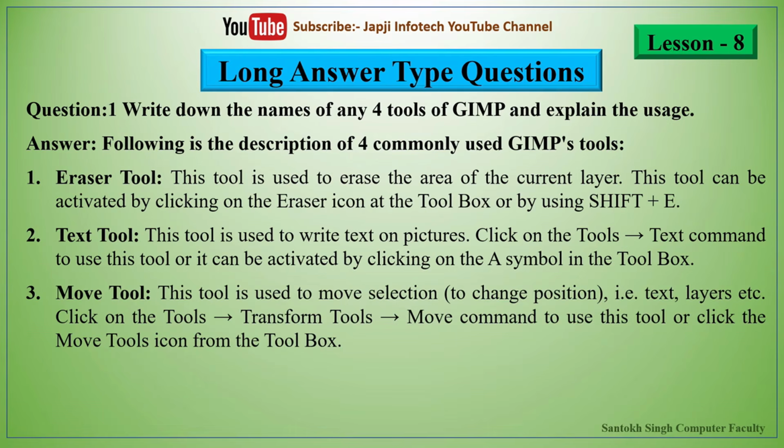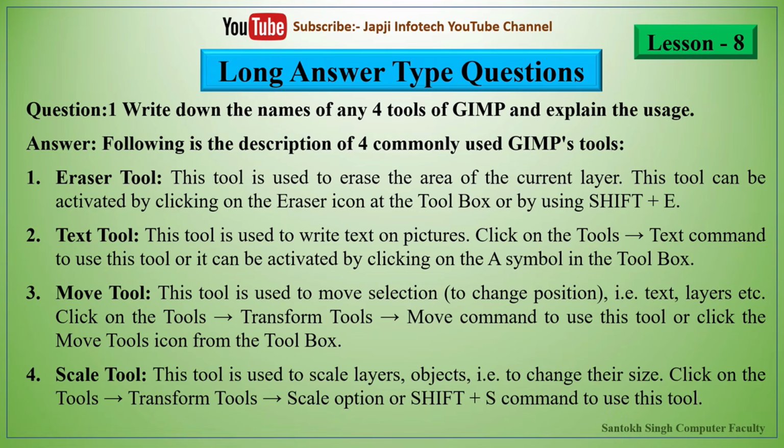This tool is used to move a selection, that is, a text layer, etc. Click on tools, then transform tools, then the move command to use this tool, or click the move tool icon from the toolbox. And the fourth one is the scale tool. This tool is used to scale a layer object, that is, to change its size. Click on tools, then transform tools, then the scale option, or Shift+S to use this tool.